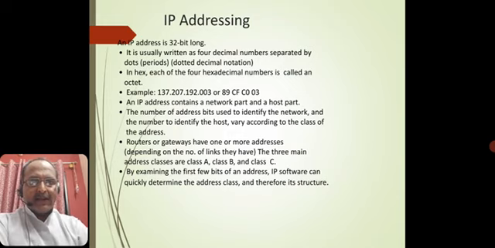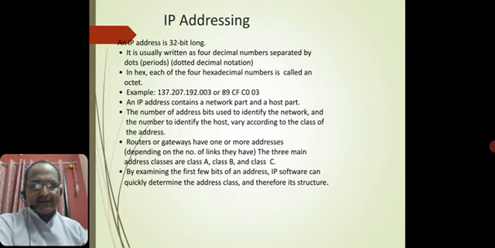Each of the 4 numbers is called an octet. In each octet, there is a separate address mechanism. For example, here we are trying to indicate 137.207.192.003, or simply in hexadecimal 89CFC003.